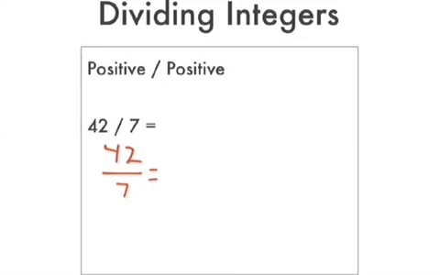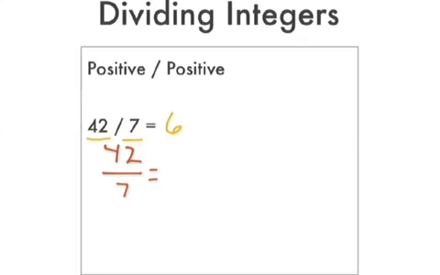I know it looks like an improper fraction, but that also means you can divide. So when both integers are positive, it's just straightforward division. 42 divided by 7 would give me 6.